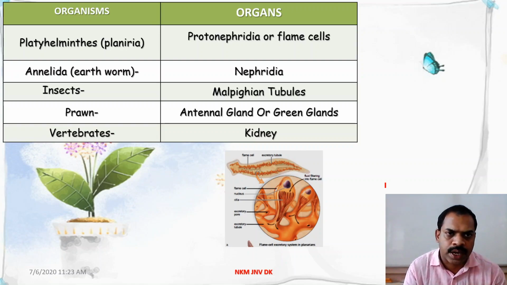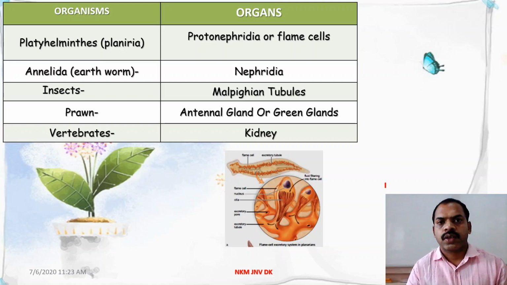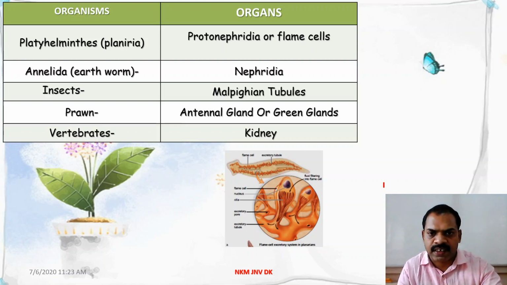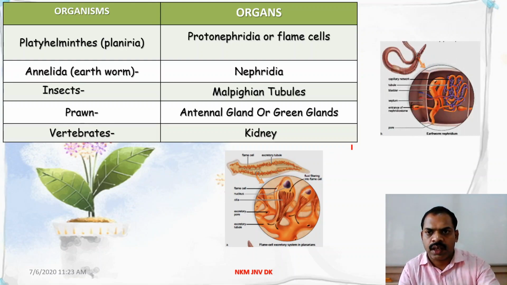Flatworms, we know, planaria, etc. They have protonephridia or flame cells, a special type of cell that looks like a bulb, so it is called a flame cell. And earthworms have nephridia, like the nephron of human beings, structurally almost similar.